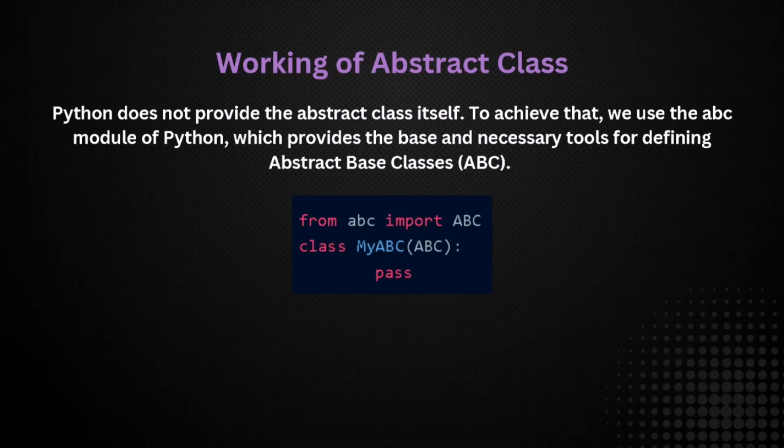One is to import ABC. You will write from abc import ABC, with uppercase ABC. And when you declare a class of abstract type, you have to write ABC inside the parentheses, which you have imported from the module abc. So I hope you get an idea of how to work with the abstract class.